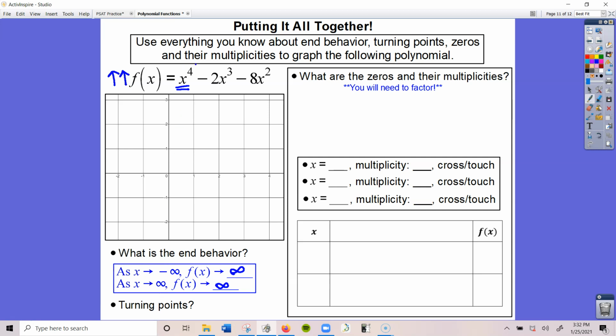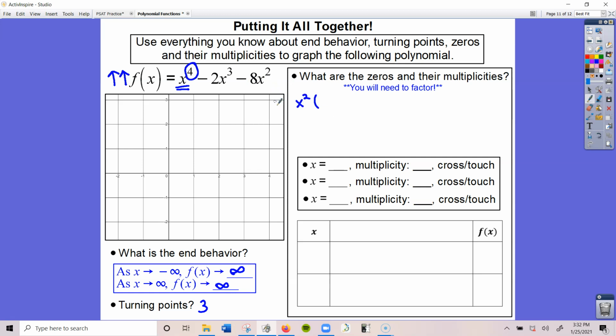Because of the exponent, since it is to the 4th, that means that we're going to have 3 turning points, and we're going to have exactly 4 x-intercepts. Now let's actually find those x-intercepts. We're going to need to factor. So when you look at every individual term, they all have an x squared in common.